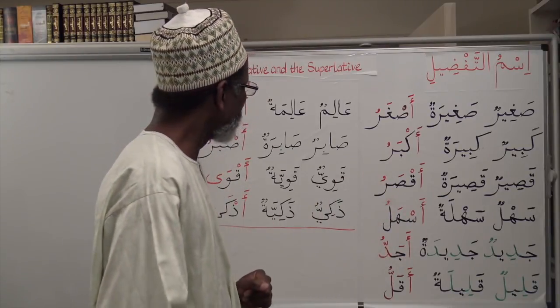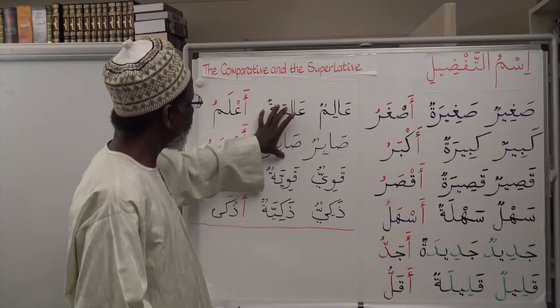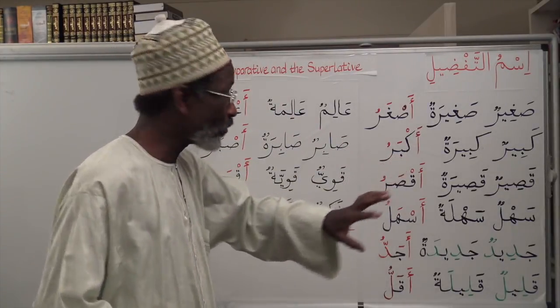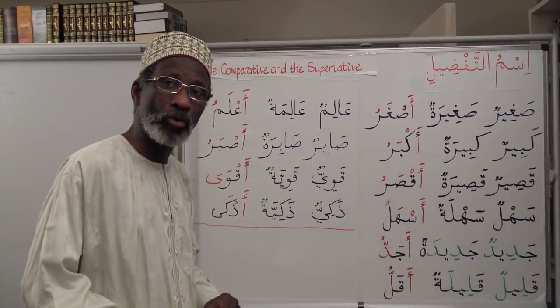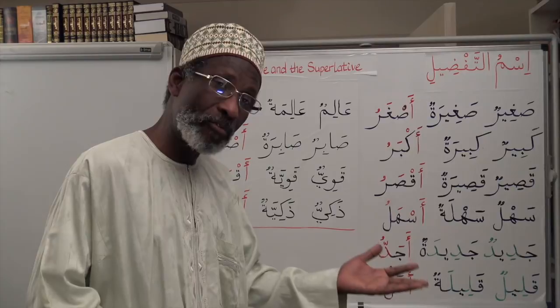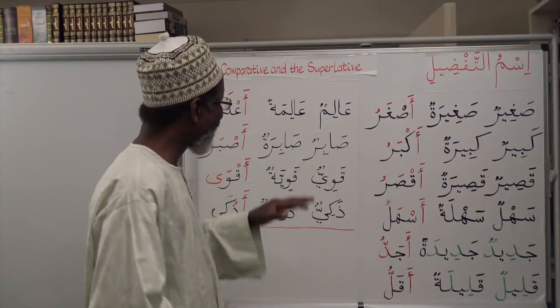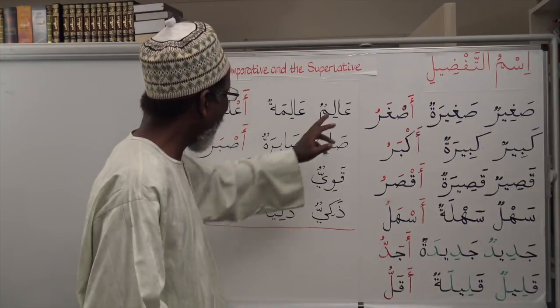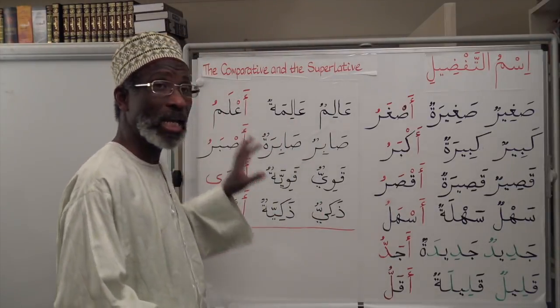Now, another form where the elative pattern can come from is this: alimun, fa'ilun, and that really comes from the active participle fa'ilun. So alimun, alimatun, a'lamu.